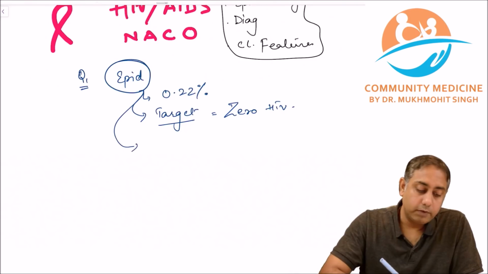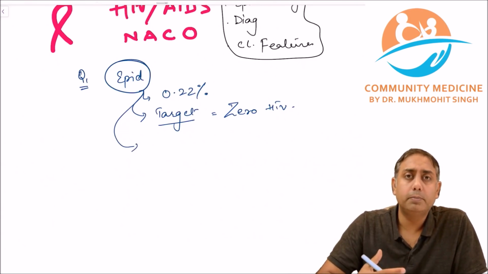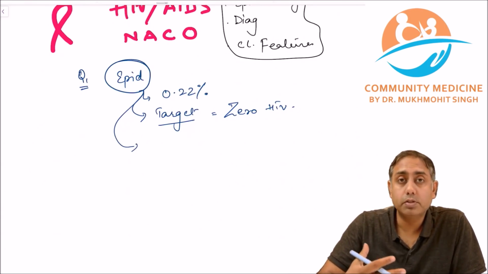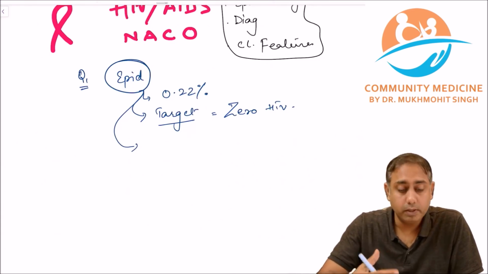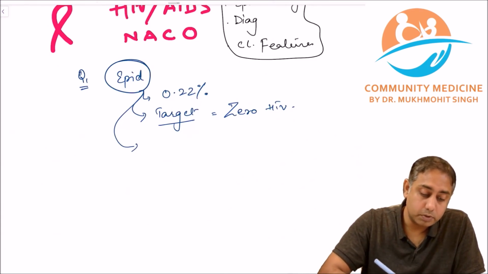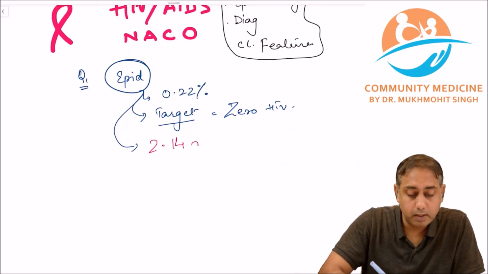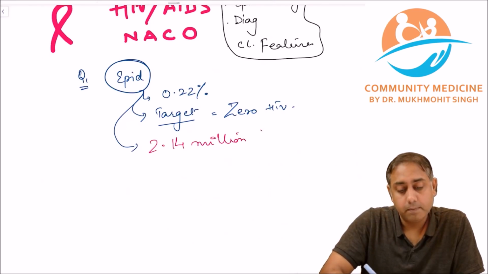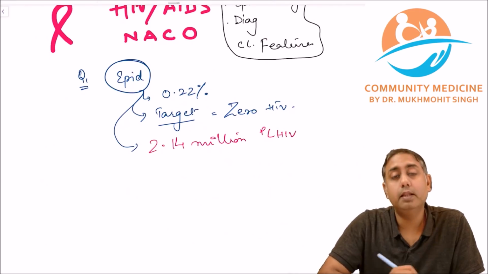Next, if you talk about the prevalence of the disease, it looks to be 0.22%, but India is a big country. Do you know that it amounts to 2.14 million people living with HIV, PLHIVs?